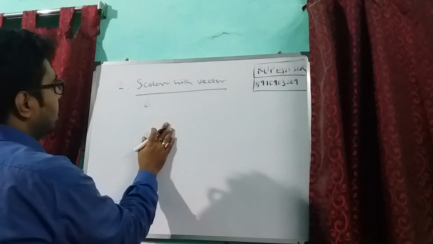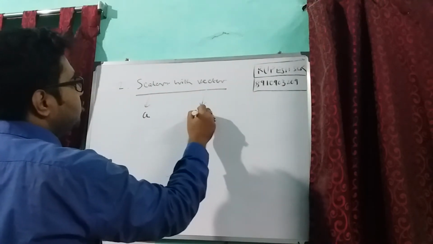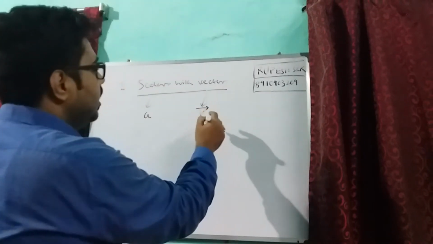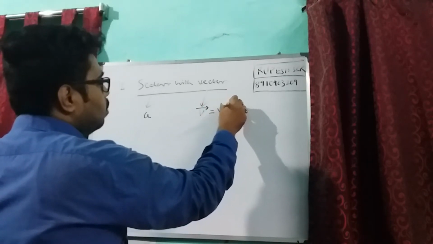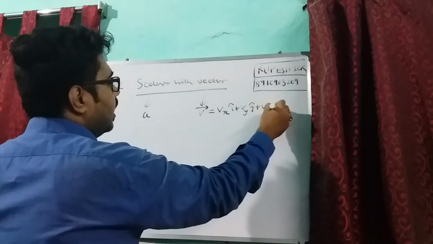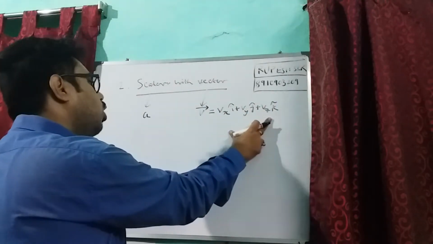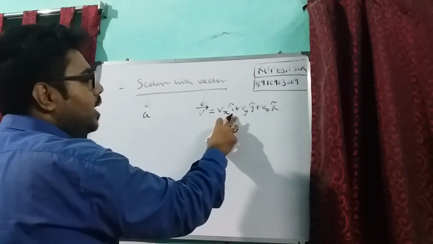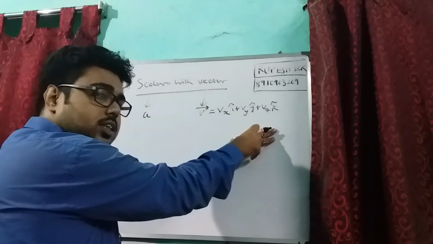Let us take this magnitude as A, and let us take this vector as V. Now, V can be written three-dimensionally as Vx i cap plus Vy j cap plus Vz k cap, where Vx, Vy and Vz are the components of vector V along the x, y and z axes, and i cap, j cap and k cap are the unit vectors along the x, y and z axes respectively.